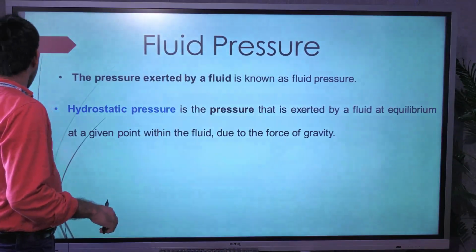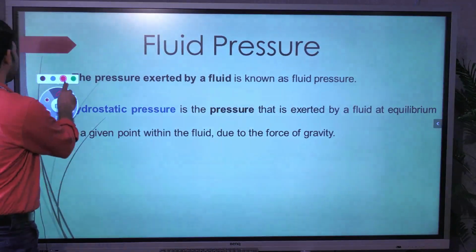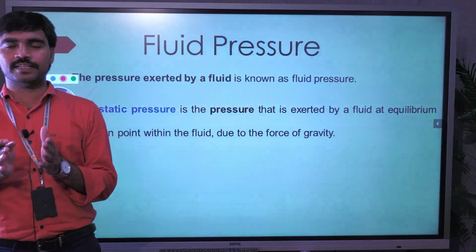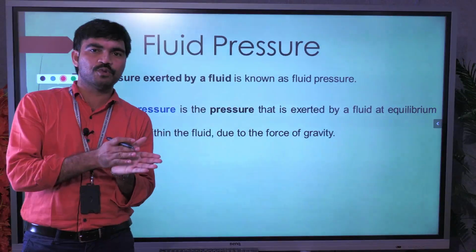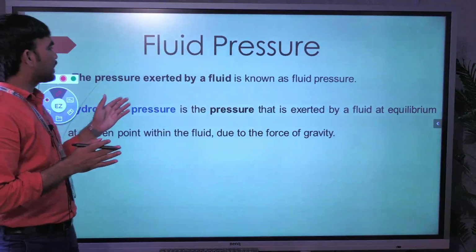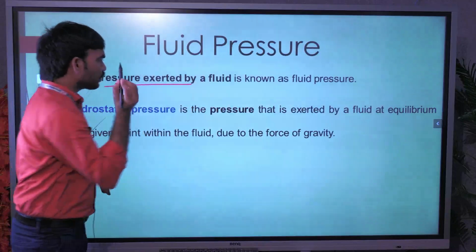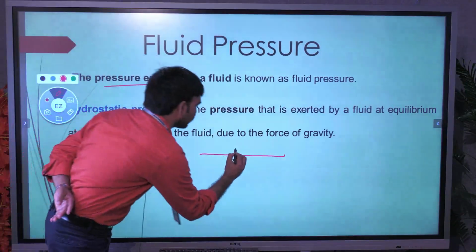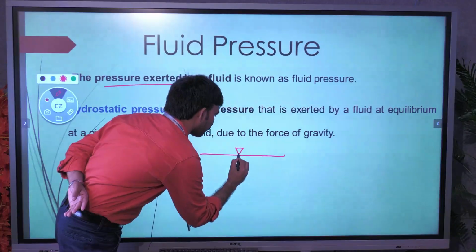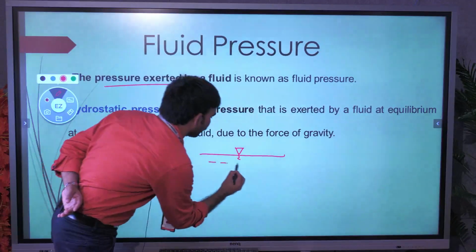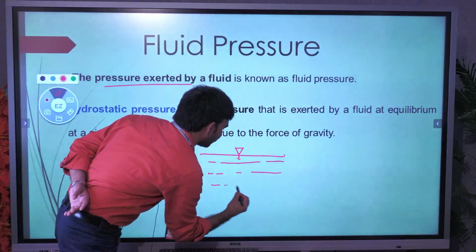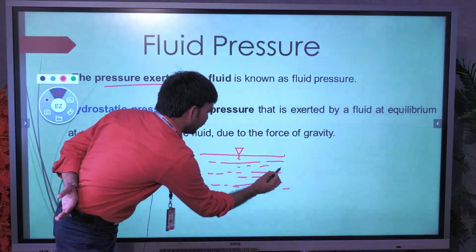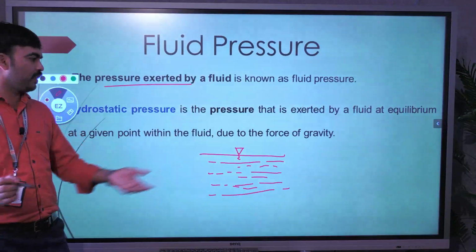Now, what is fluid pressure? The fluid pressure is nothing but the pressure exerted by the fluid. For example, the water is flowing in an open channel, a canal, right?